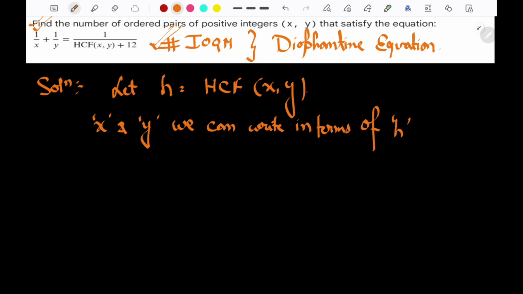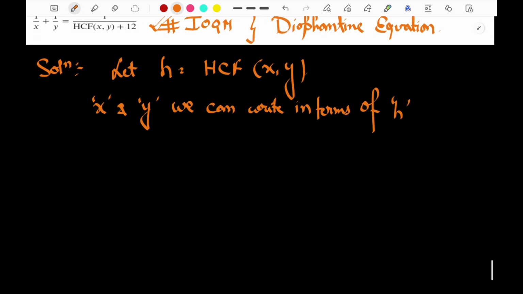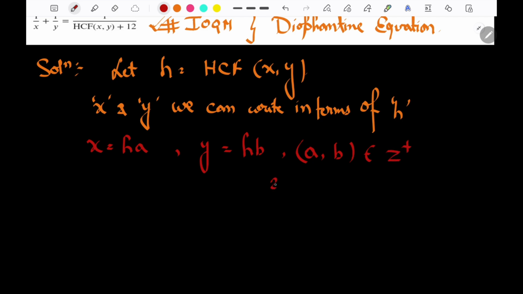But how? Let's see step by step. So h is the HCF, and x and y we can express in terms of h. x can be written as, say, h a, y can be written as h b, where a, b belong to positive integers Z plus, and also HCF of a comma b is 1, that is, they are co-prime.